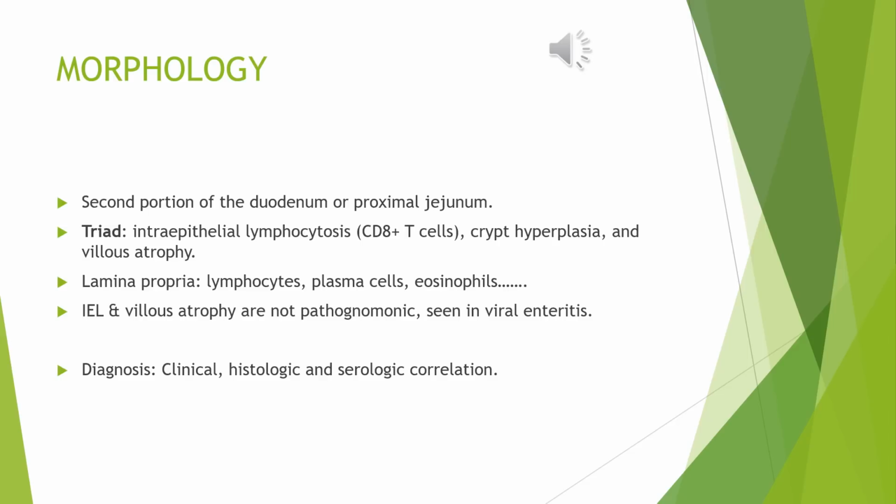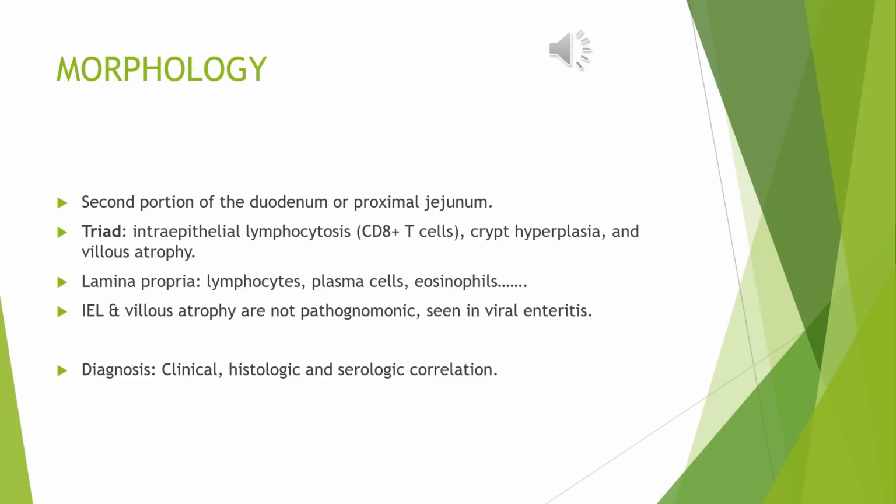So the diagnosis of celiac disease is not only a histologic diagnosis. We should take the patient as a whole. We should take the clinical history, the serologic findings, and the presence of antibodies in the serum, in addition to the histologic picture. So we correlate all of this information together to come up with a diagnosis of celiac disease.